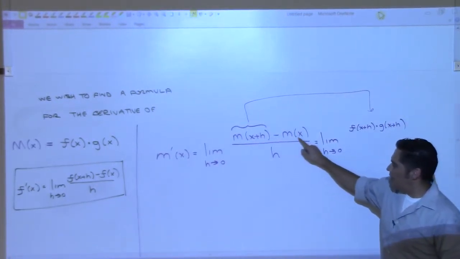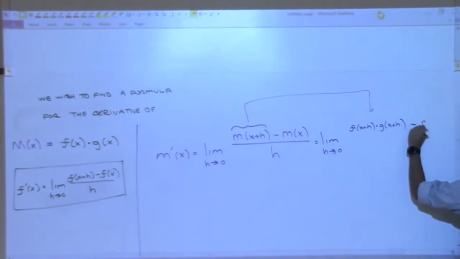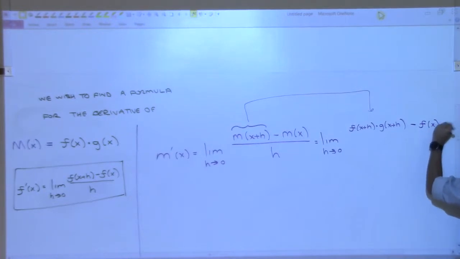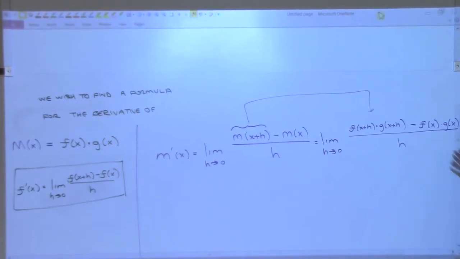Then minus M of x, which is those two things multiplied, just f of x times g of x. And then all of this over h. So that's the definition of what it would mean to take the derivative of that.